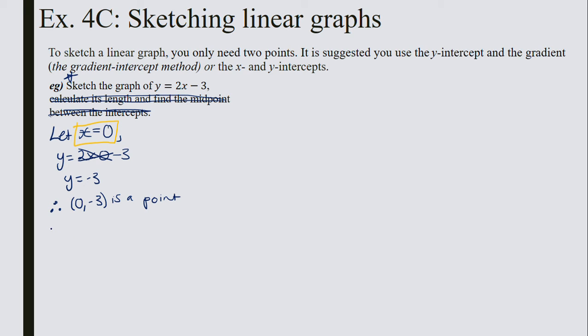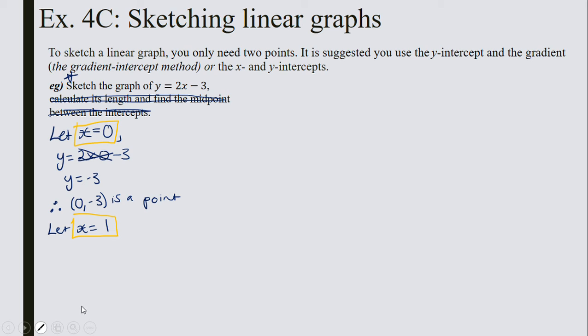Step 2, we're going to let x. This time I pick x = 1. So before, when I was talking about the gradient being the number that y will increase by every time I increase x by 1, if I've gone x = 0, I'm going to choose one more point away from that.